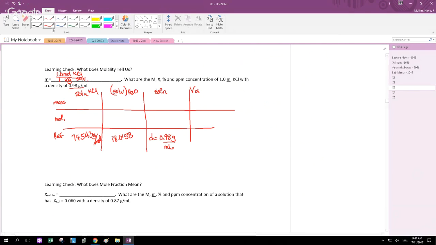So my starting information tells me that I have 1.0 moles of the KCl, and I have 10 to the third grams of water. Because again, it's 1 kilogram or 10 to the third grams.